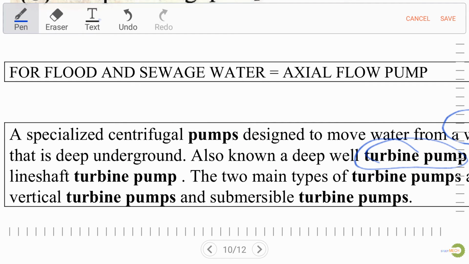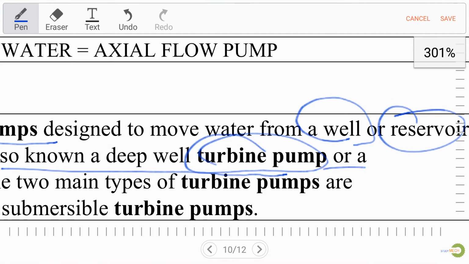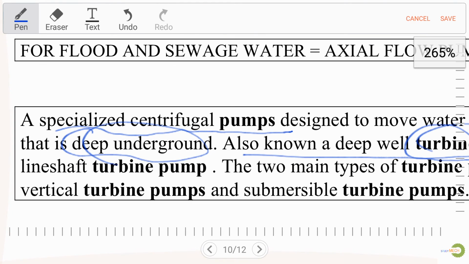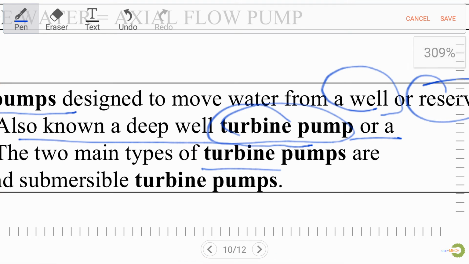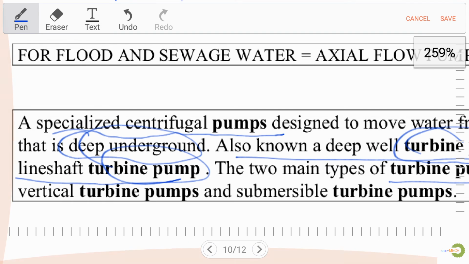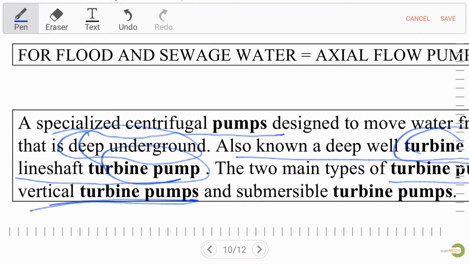Always remember these keywords. And there are mainly two types of turbine pumps: vertical turbine pump and submersible turbine pump.